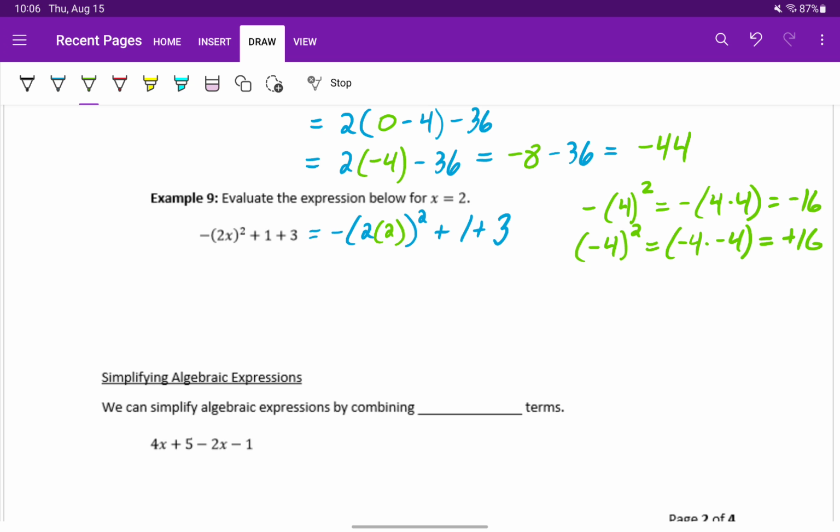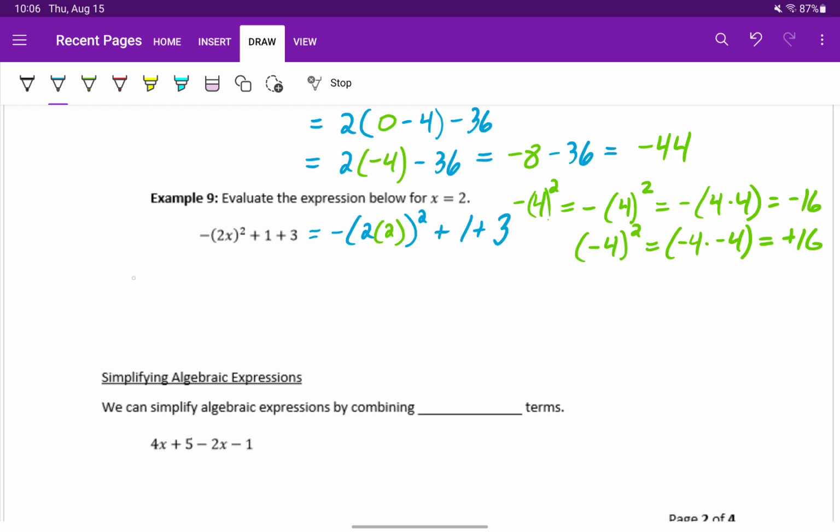So we need to pay attention to where that negative occurs with regards to our exponent. And this first case would be the same thing as writing this as negative 4 squared. If there are no parentheses, then it's implied that the first thing we're doing is squaring that number and then multiplying by that negative 1 that we have out in front.